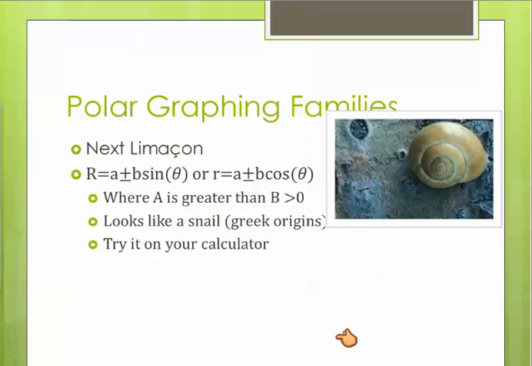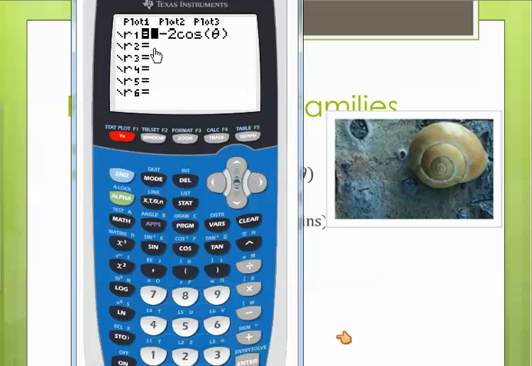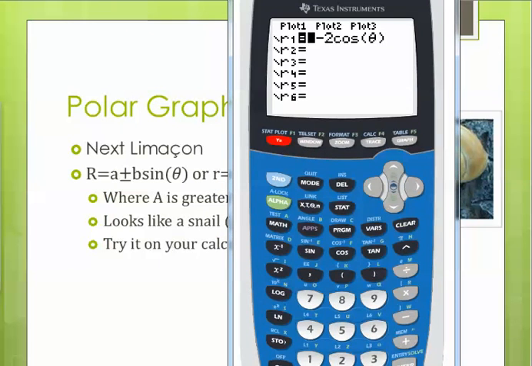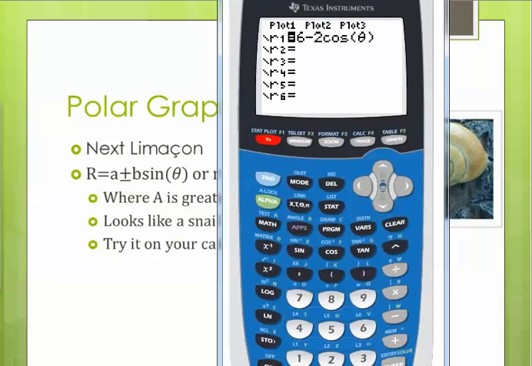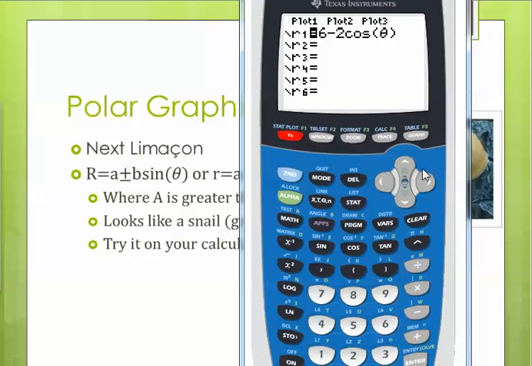Let's see here. A, B, yep, I'm doing it right. 6 plus or minus 2 cosine. Oh, I'm doing cosine. That's why it was looking kind of weird there. Why it was on the wrong side of the graph for me, anyway.